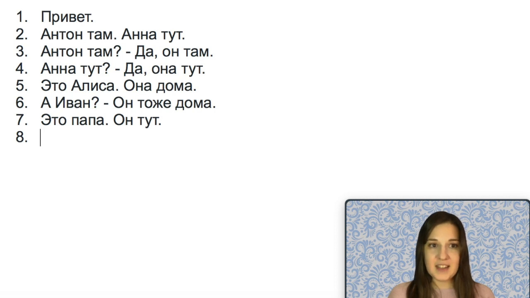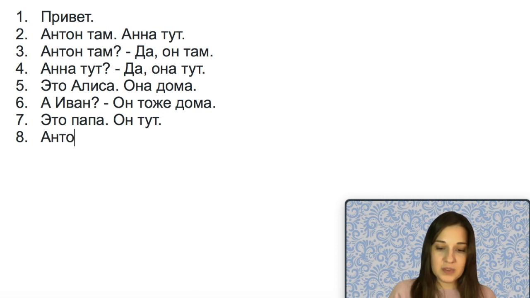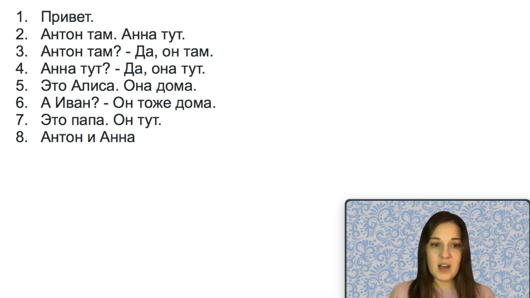Anton and Anna are at home. The verb to be is not used in the present. At home, дома. Антон и Анна дома. Water and juice are there.